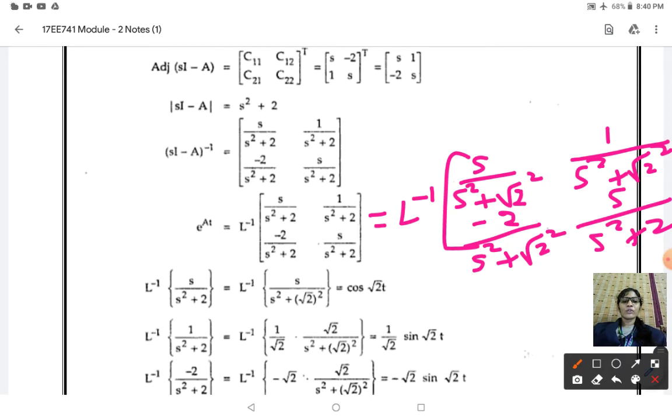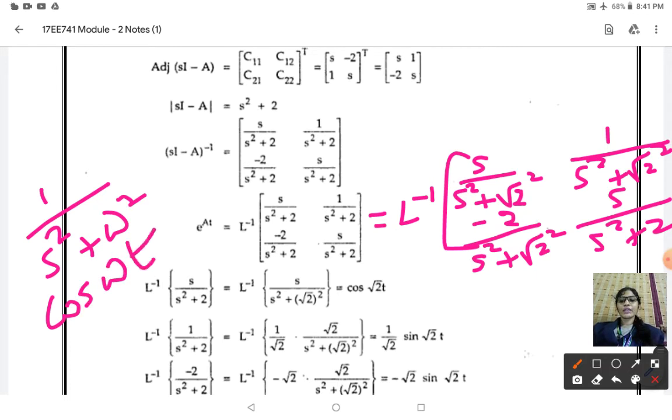We know the formula: Laplace inverse of 1 divided by s square plus omega square is going to be cos omega t.